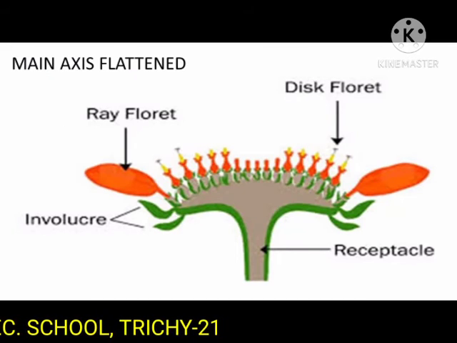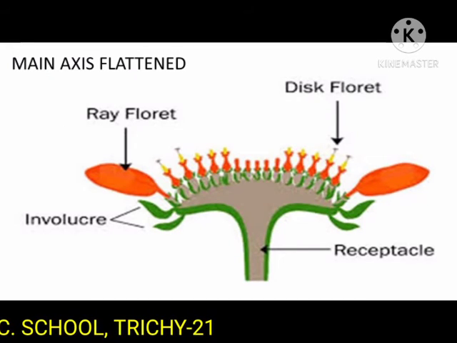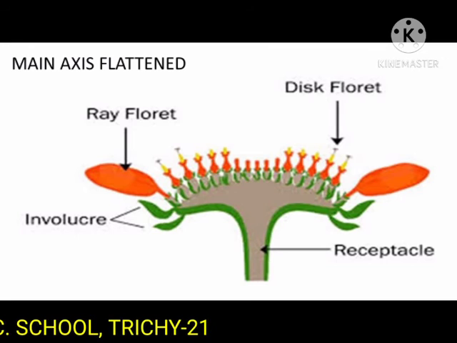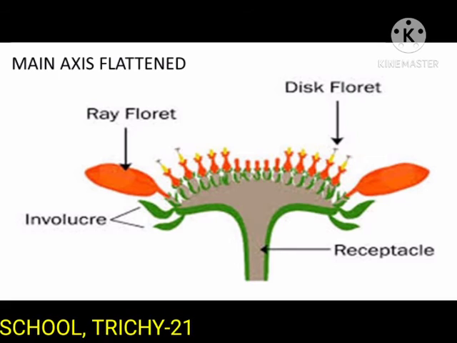Main axis flattened. The main axis of inflorescence is mostly flattened or globose. A head or a capitulum is determinate or indeterminate.